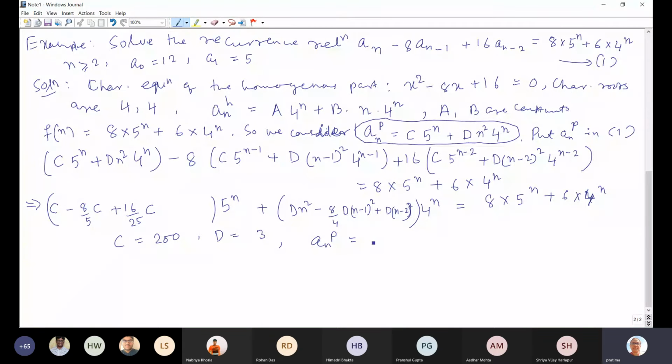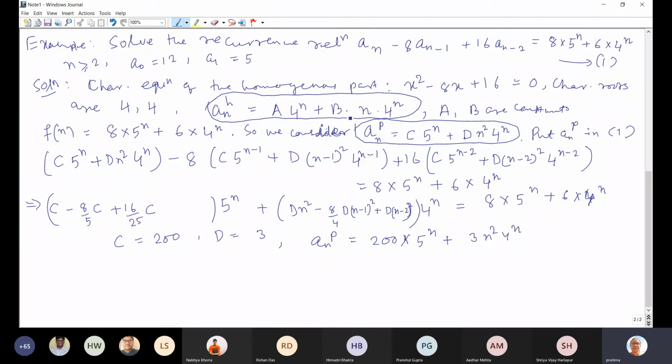So therefore you have 200 into 5 to the power n plus D is 3 into n square 4 to the power n. This is the particular solution we have got. Now for the homogeneous part, the general solution of the homogeneous part, we still have the constants A and B involved.